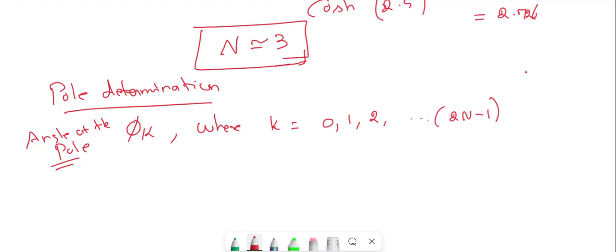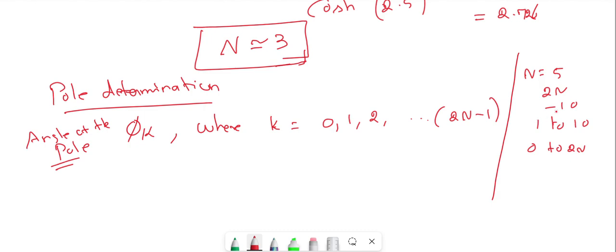Okay, for example, n is equal to 5 means 2n is 10. So 1 to 10 you can say, otherwise 0 to 2n minus 1. Either way you can specify.